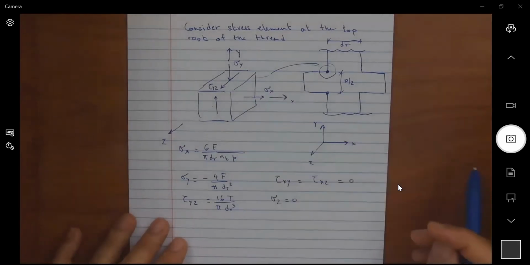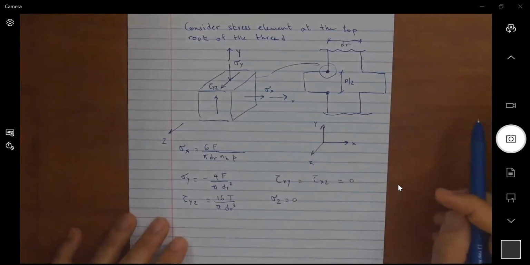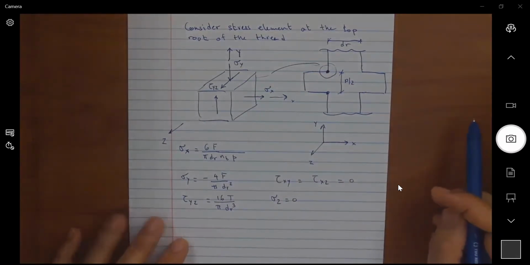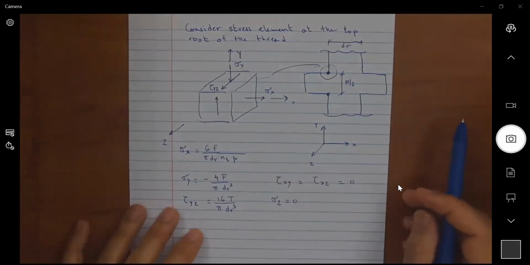Something to observe here, we have 0 shear stresses on the x face. If I have 0 shear stresses, then this sigma x must be a principal stress.